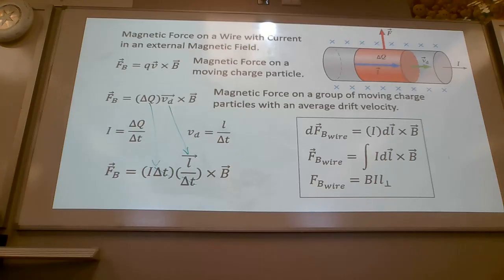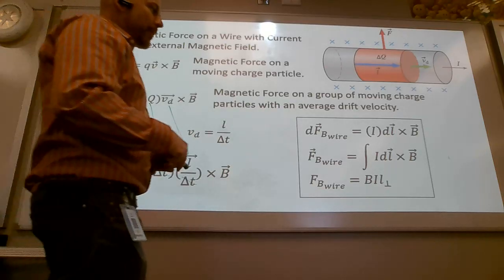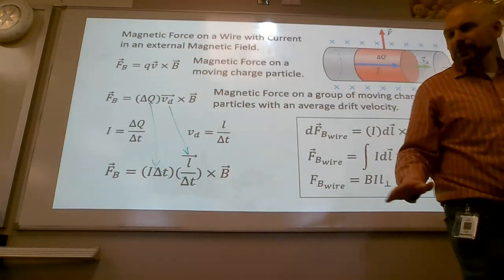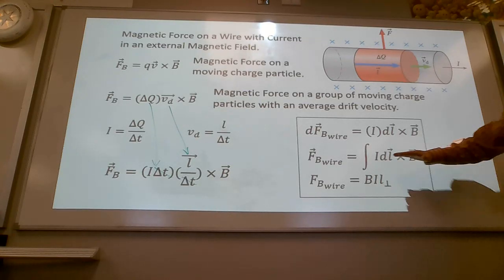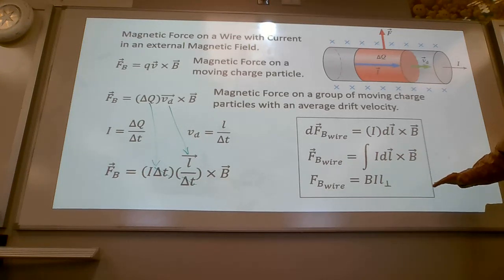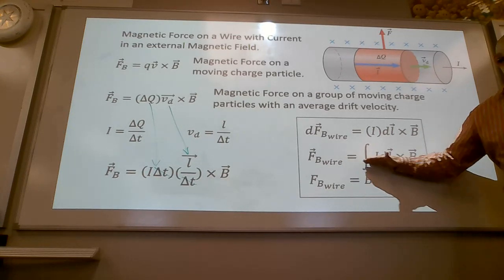And I'm left with, here's how I remember this. Magnetic force on a wire is equal to BIL. This is the equation they give you on the equation sheet.